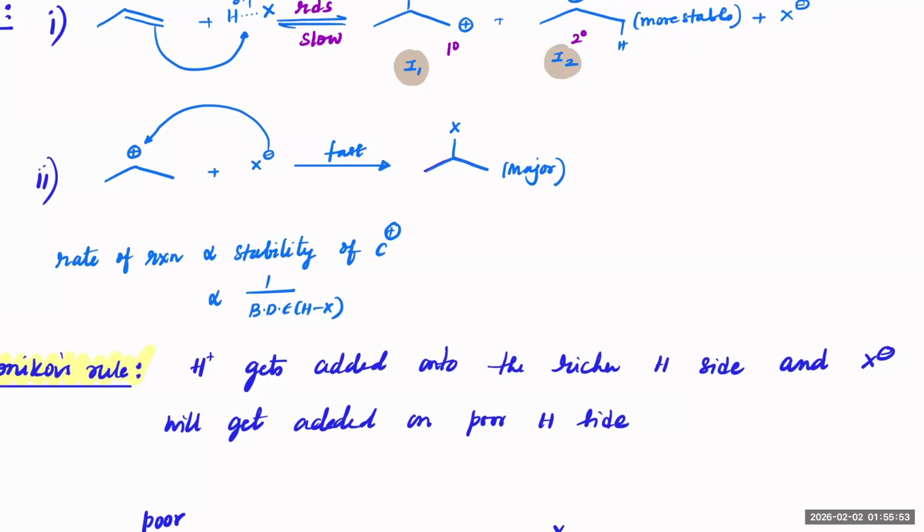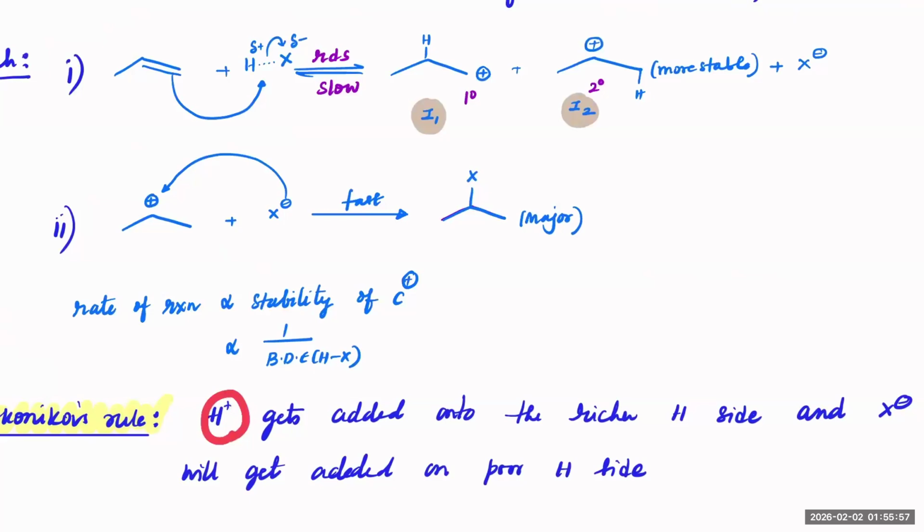In these two intermediates, in which H plus is getting added, this is a carbon which has two hydrogens. If you add one more hydrogen, it will become richer, correct? So if you notice here, there is one hydrogen here and two hydrogens here to start with. This is called an unsymmetrical alkene.